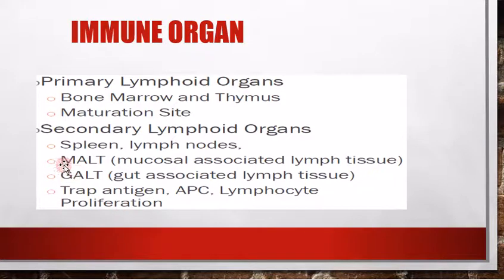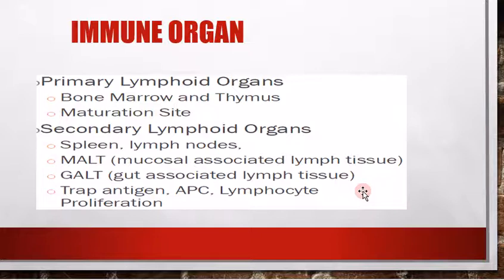So here, MALT, GALT, and there is also BALT, that is bronchus associated. MALT is found on the mucosal layer, GALT is found in the gut, and BALT is found in the bronchus, in the pipeline of the respiratory tract.